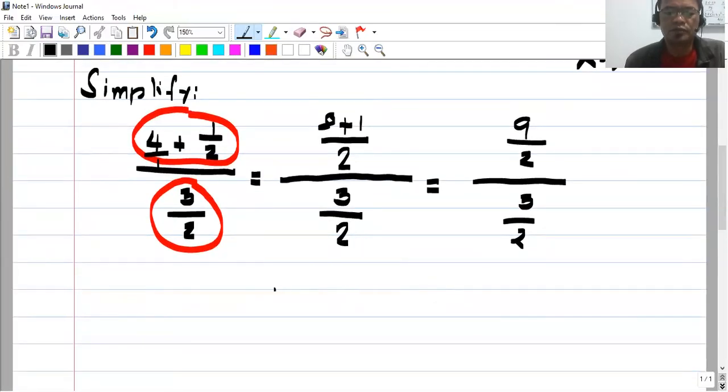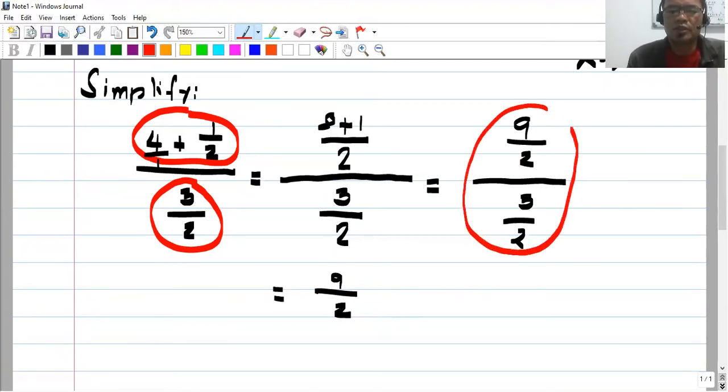And simplifying further, we have 9 over 2 over 3 over 2. To simplify this complex fraction, we have to get the multiplicative inverse of 3 over 2, which is the divisor, and multiply it to the numerator, which is 9 over 2. The multiplicative inverse of 3 over 2 is 2/3. In multiplying fractions, we multiply numerator by numerator, denominator by denominator.